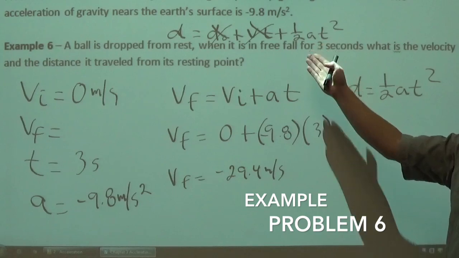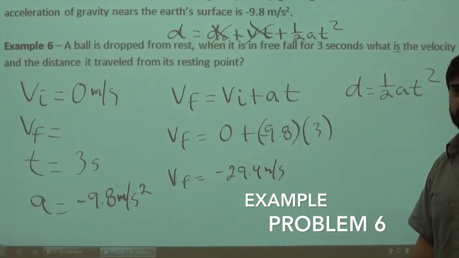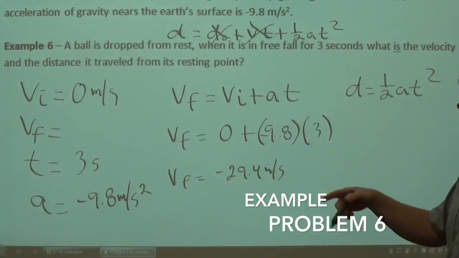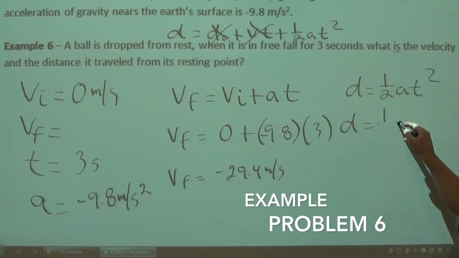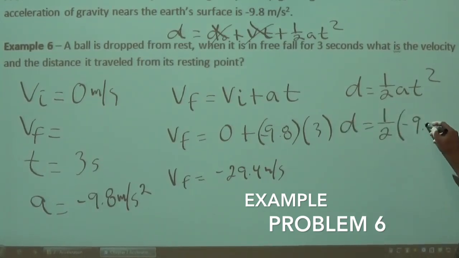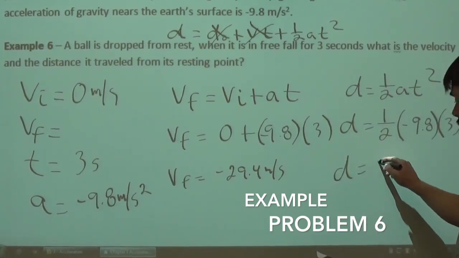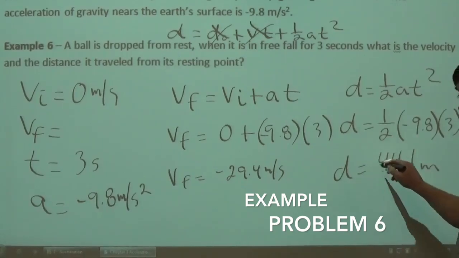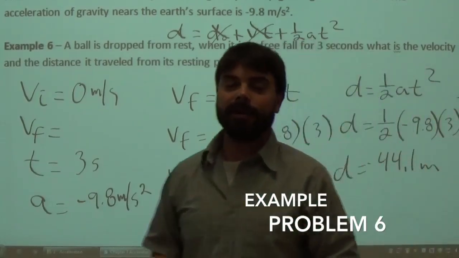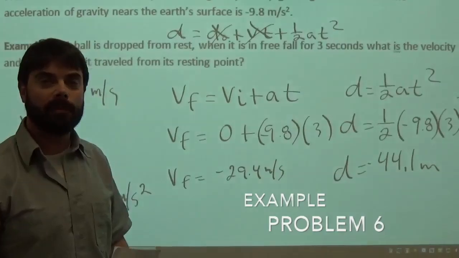A simplified version of what we had before. All we need to worry about is acceleration and time. So plug in the variables that we got, and we'll find out that the distance was a negative 44.1 meters.